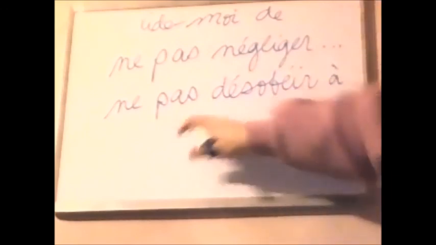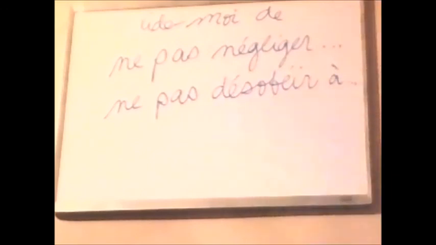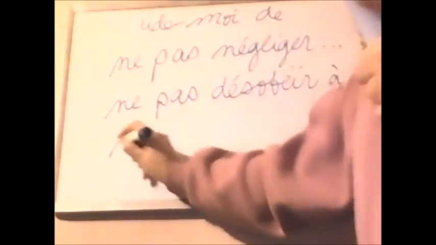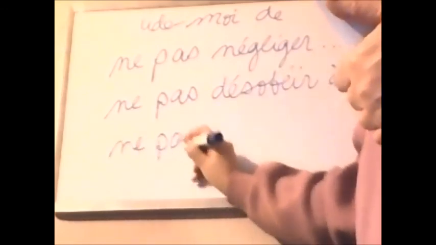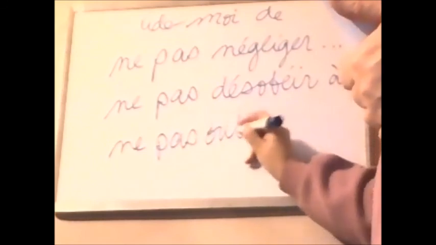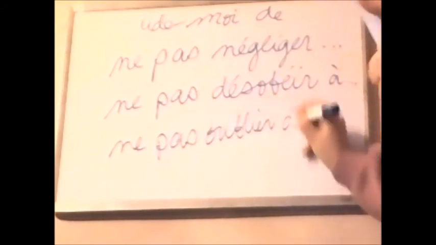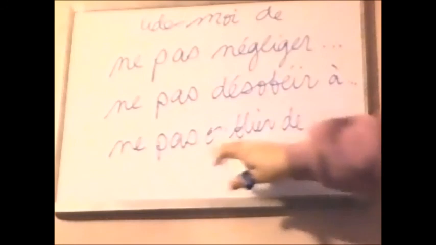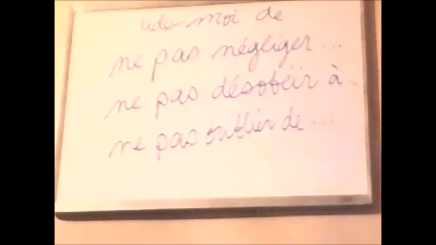Help me to not disobey. Right? One more, oublier de prier. So again, it would be aide-moi de ne pas oublier de prier. Help me to not forget to pray.